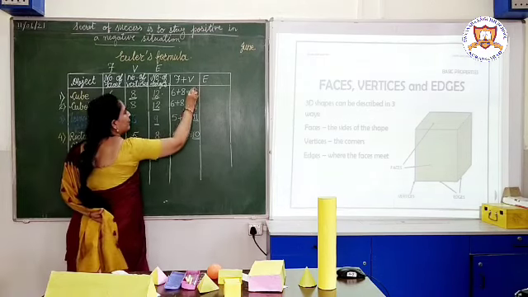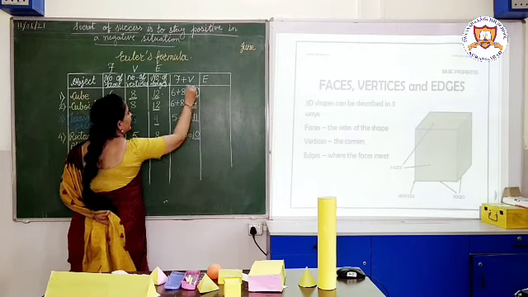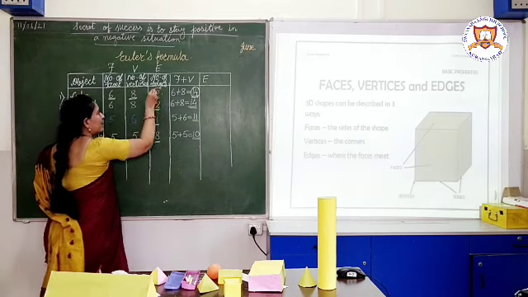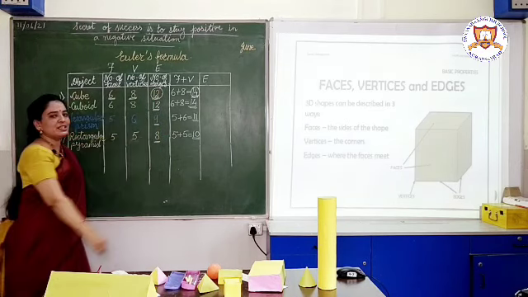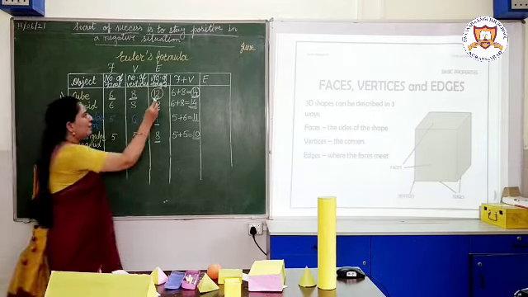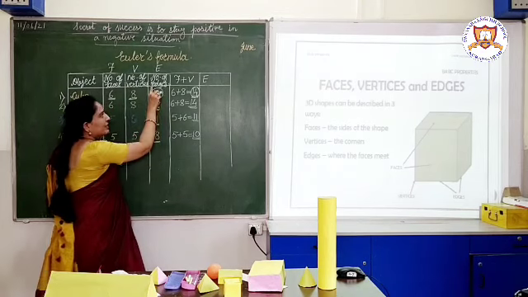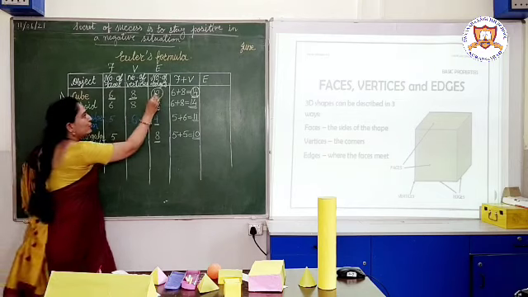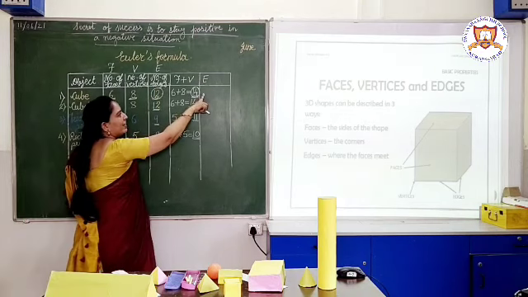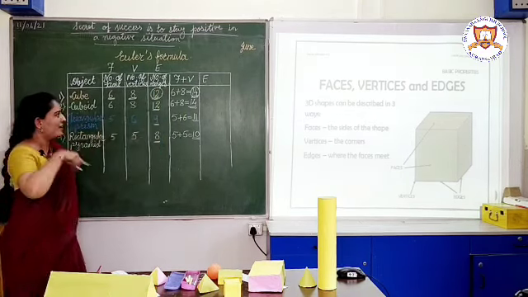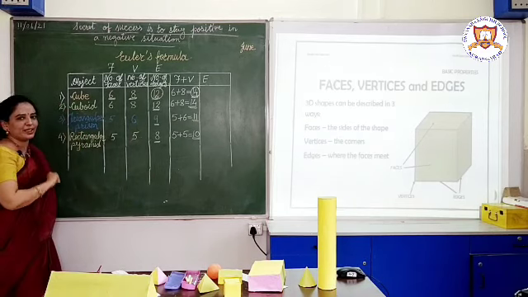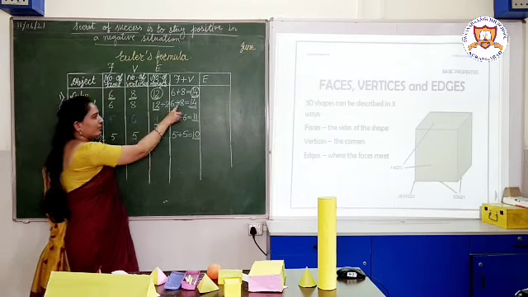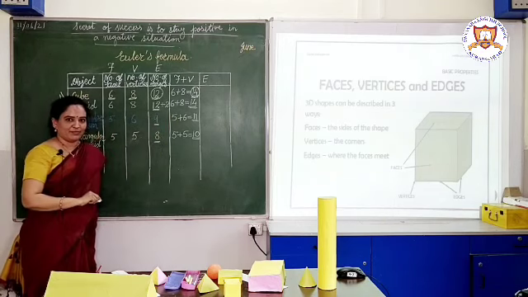See, if you look at this addition, it is coming 14. And if you observe this number of edges, it is 12. So if you add 2 to the edges, you are getting 14. For the cuboid, same thing is happening: 12 plus 2, you are getting 14.